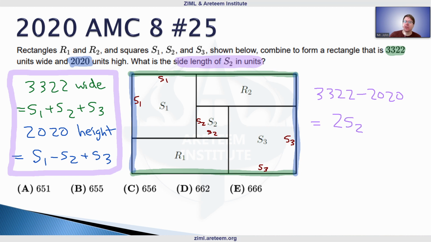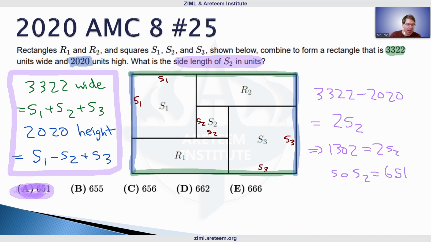So this difference should be double the side length S2. And this is our key piece of information here. This tells us then that 1302 is double that side length. So our side length is that divided by 2, which is 651.